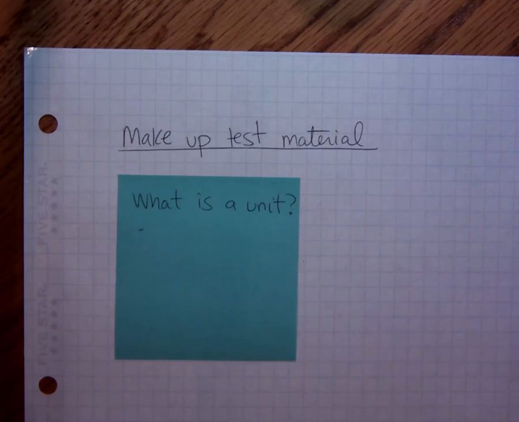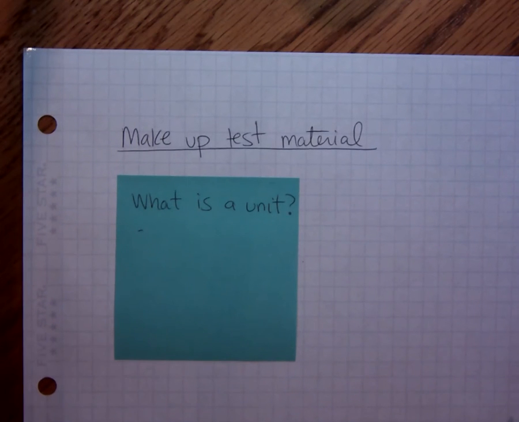All right, a unit. What is a unit? Well, in physics, or in the world, there are things that we can measure. We can measure how long something is. We can measure how long something takes to complete.